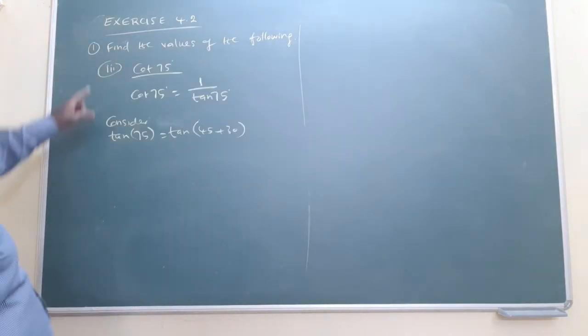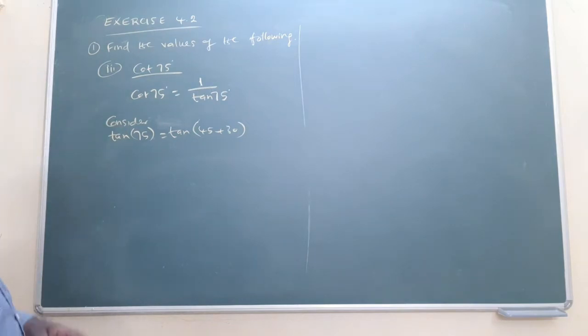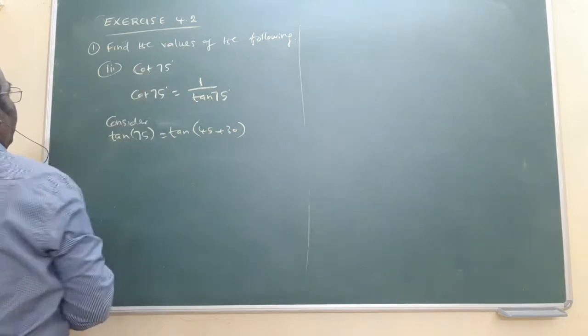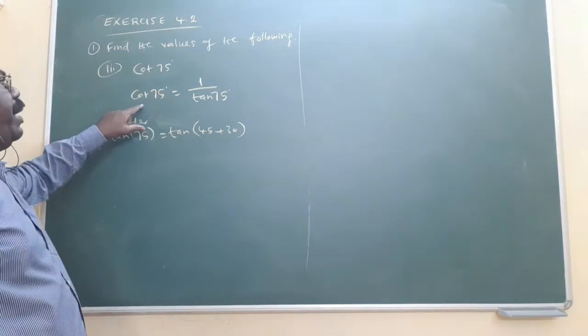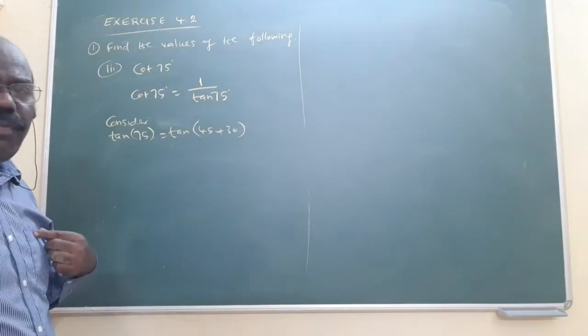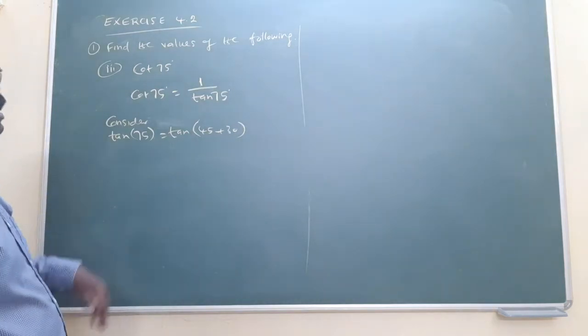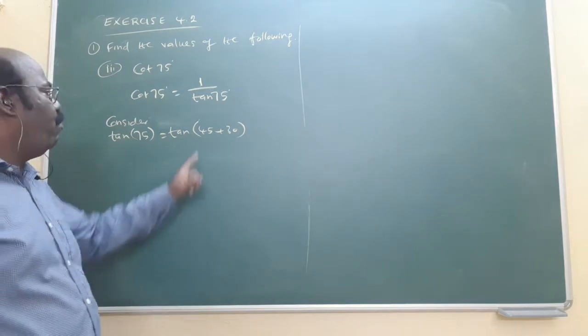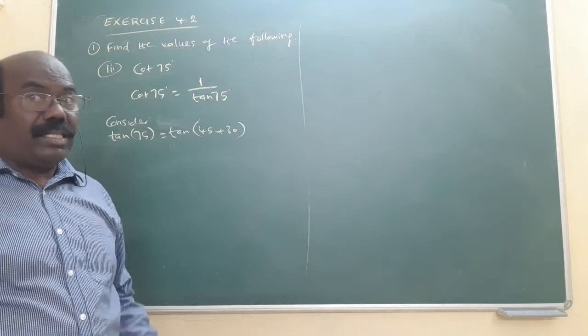Listen here. Third subdivision: cot 45 degree, cot 75 degree. This is the question. Now, cot 75 means the reciprocal of tan, that is 1 by tan 75. Because we know the value for tan 45 and tan 30, consider tan 75. The 75 can be written as 45 plus 30. What is the reason?